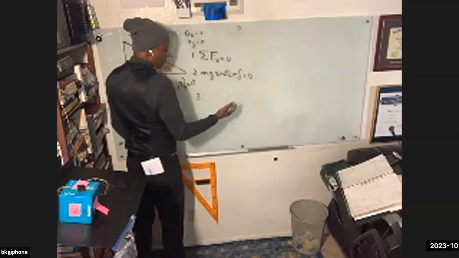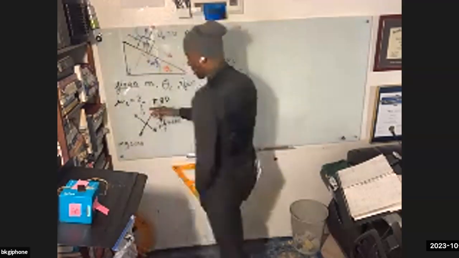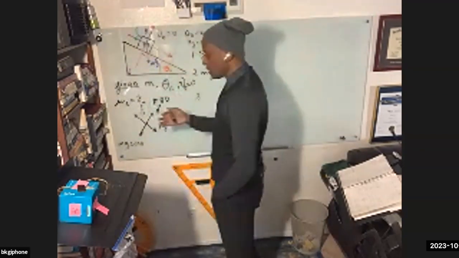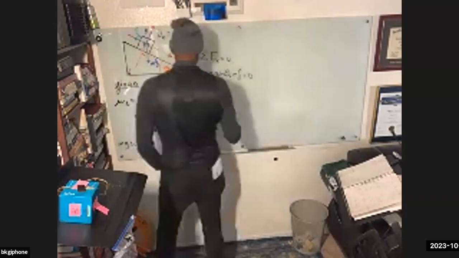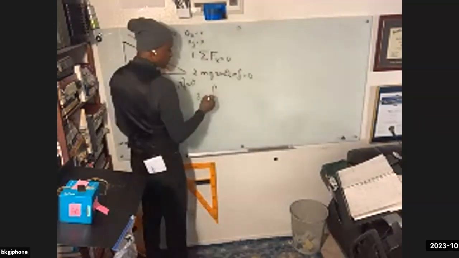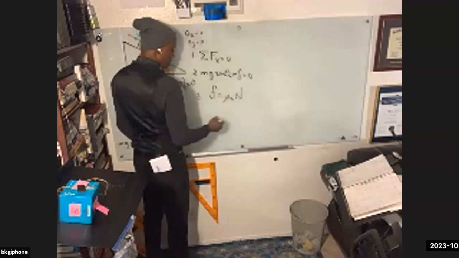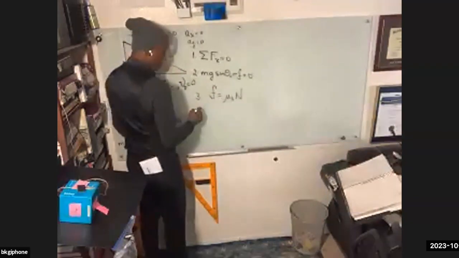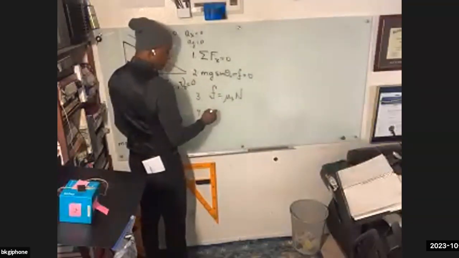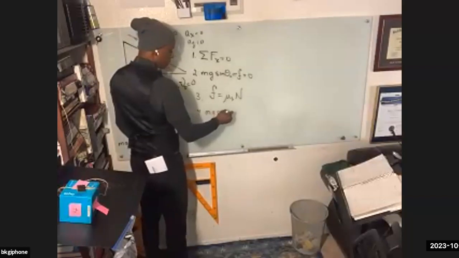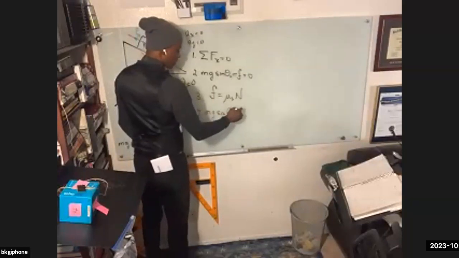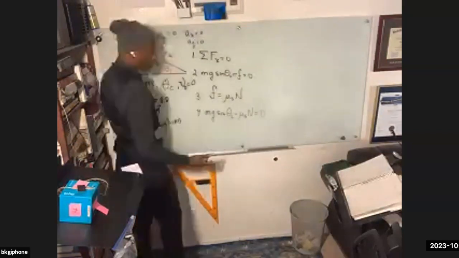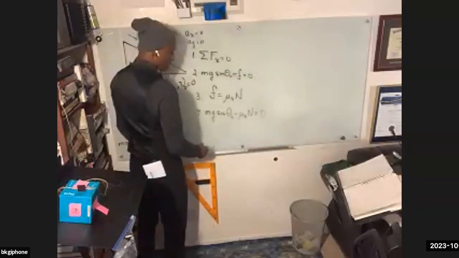I don't know what F is, but I'm trying to find mu S, so I have to write F in terms of mu, and so I use the definition of friction, mu S n. Okay, so then putting that in, I'm going to get mg sine of theta critical minus mu S n equals 0. I don't know the normal force, but I just leave it at that for now.